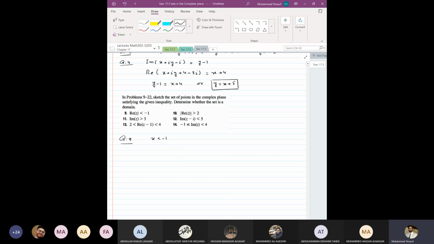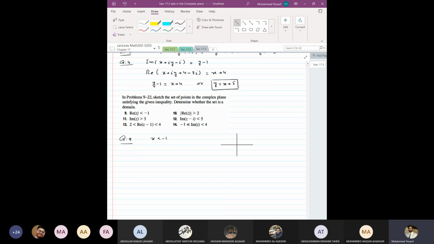Similarly, the absolute value of the real part of z is greater than 2, question number 10. So I hope you can make the graph in question number 9. It will be something like this.